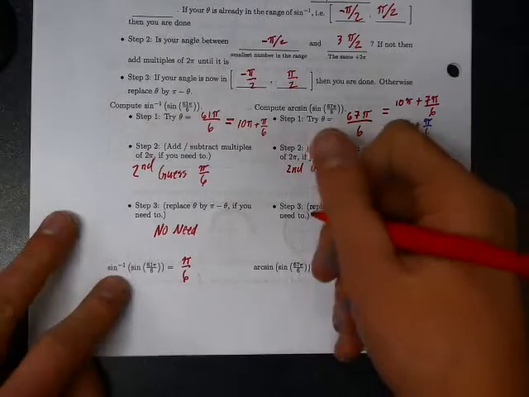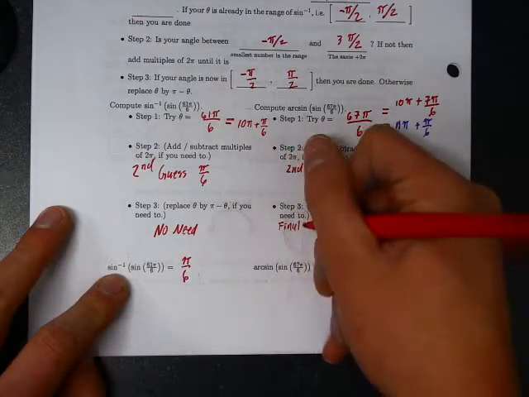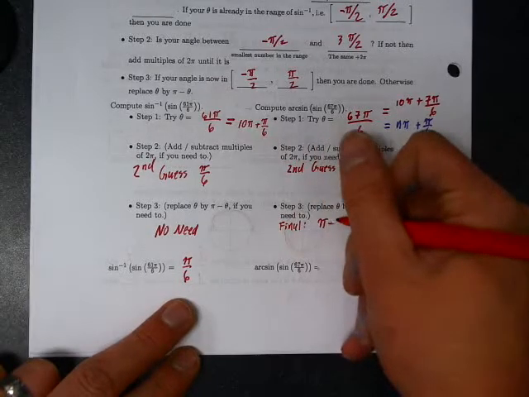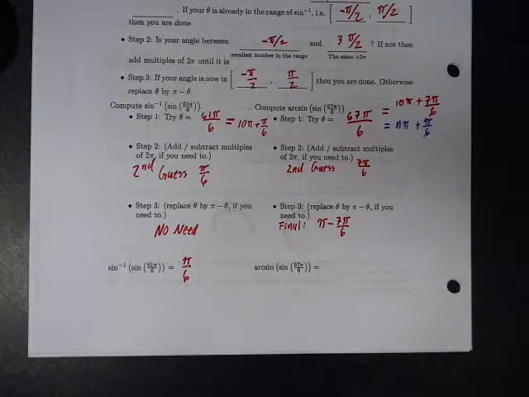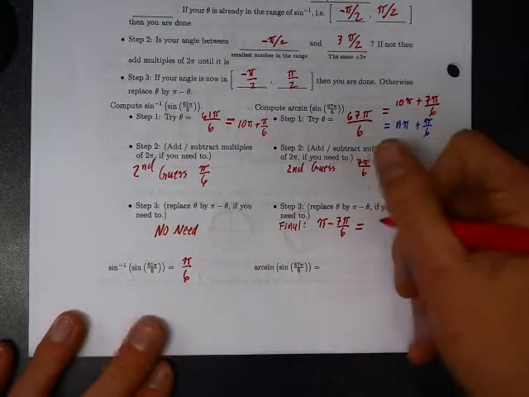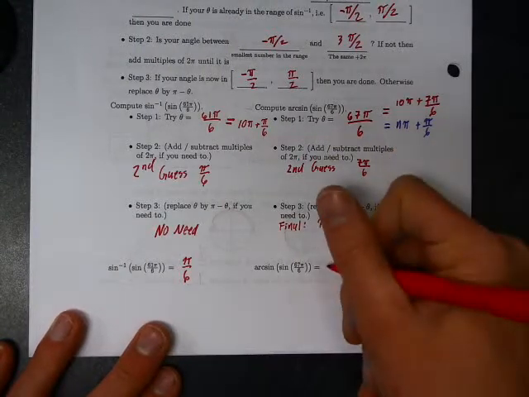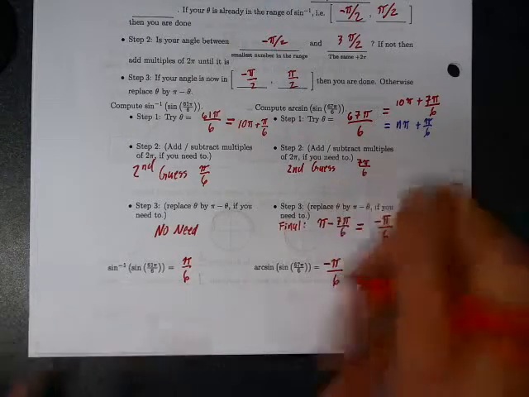So our third guess, I guess this will be like our final guess, is pi minus 7 pi over 6. What's pi minus 7 pi over 6? Negative pi over 6. So the final answer, the inverse sine of the sine of 67 pi over 6 is negative pi over 6.